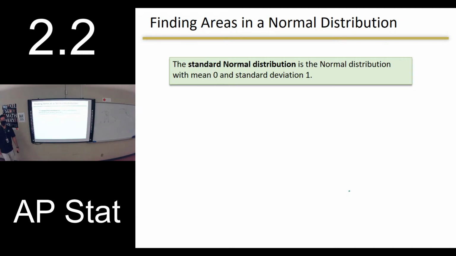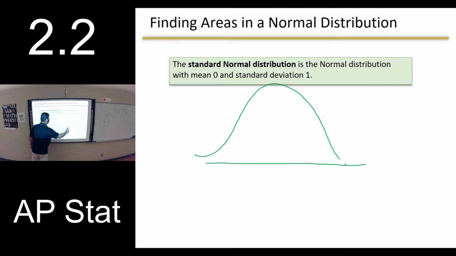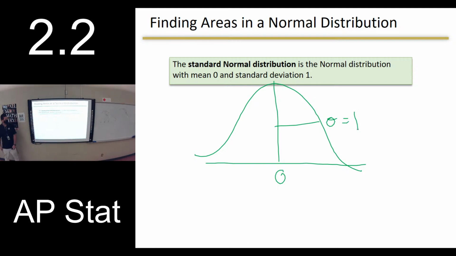All right. The standard normal distribution puts this at 0 and that at 1. The standard normal distribution uses a mean of 0 and a standard deviation of 1. So this value right here is 1. This value right here is -1. Then I got -2, and I got positive 2.